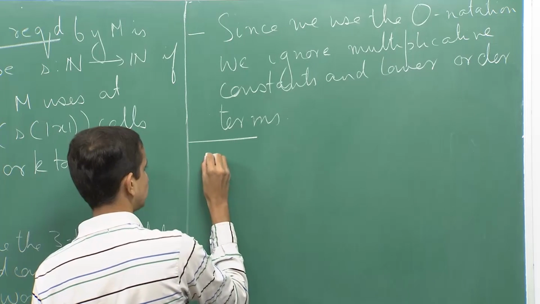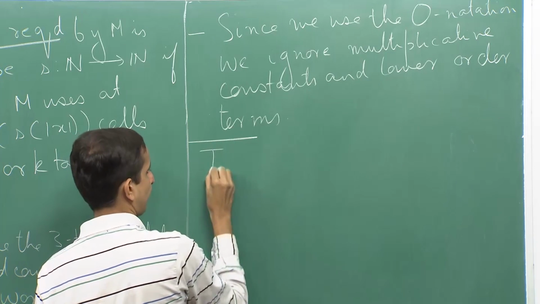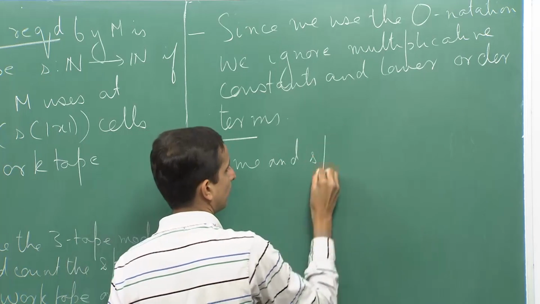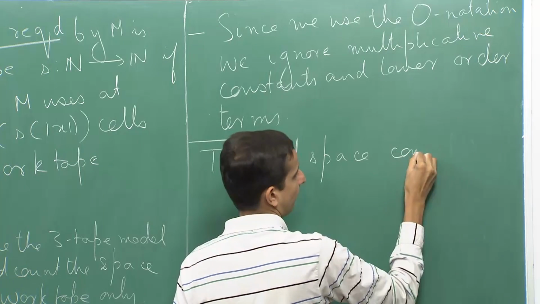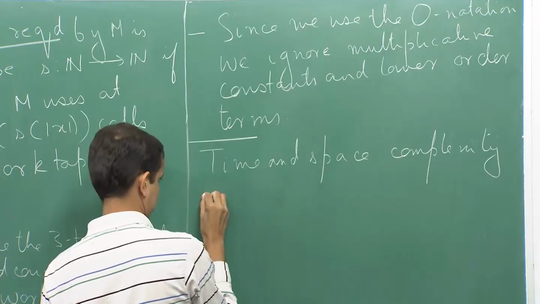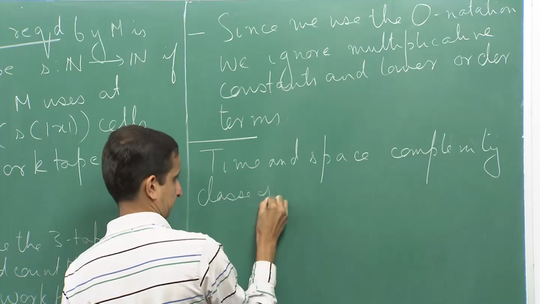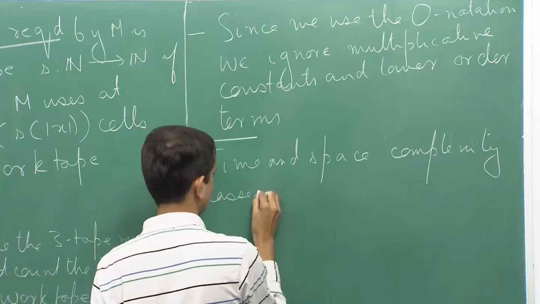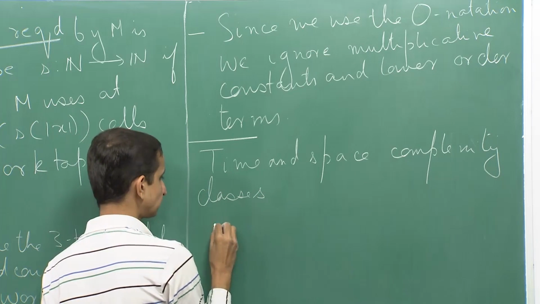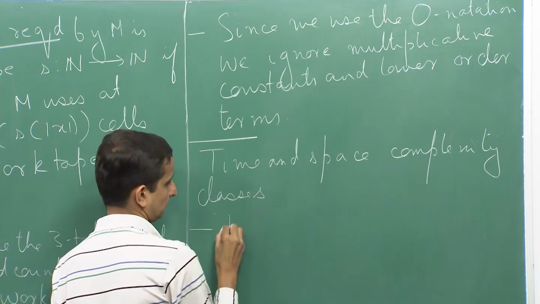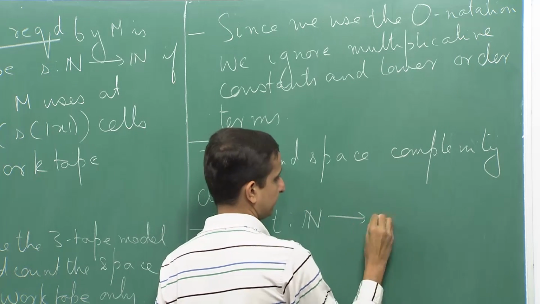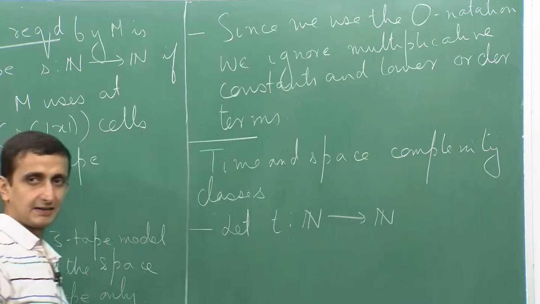So, let T be a function from natural numbers to natural numbers.